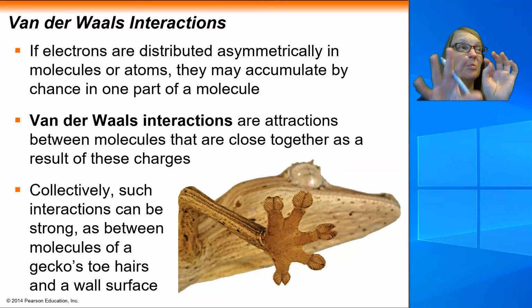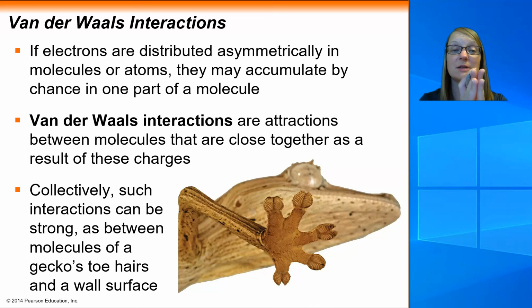And so these fleeting pockets of charge can actually attract to each other when you have two bodies of matter with these fleeting pockets of opposite charges close enough together. The attraction between these fleeting pockets of opposite charge is what we call van der Waals interactions. And some organisms exploit these van der Waals interactions, like the gecko.